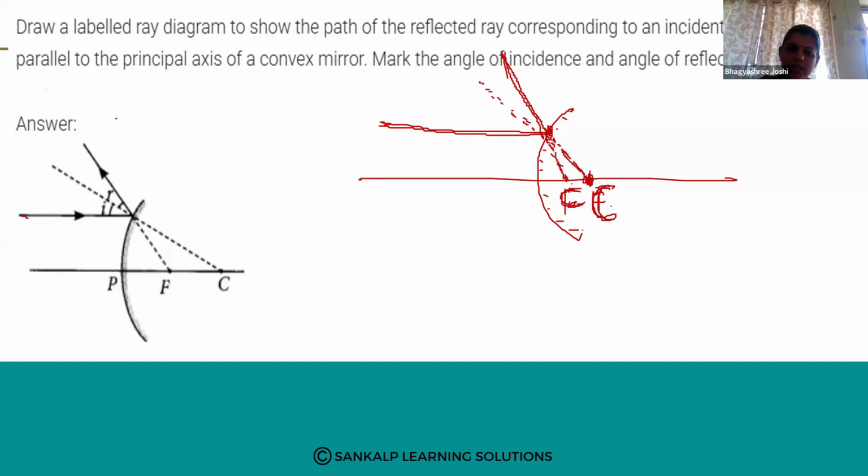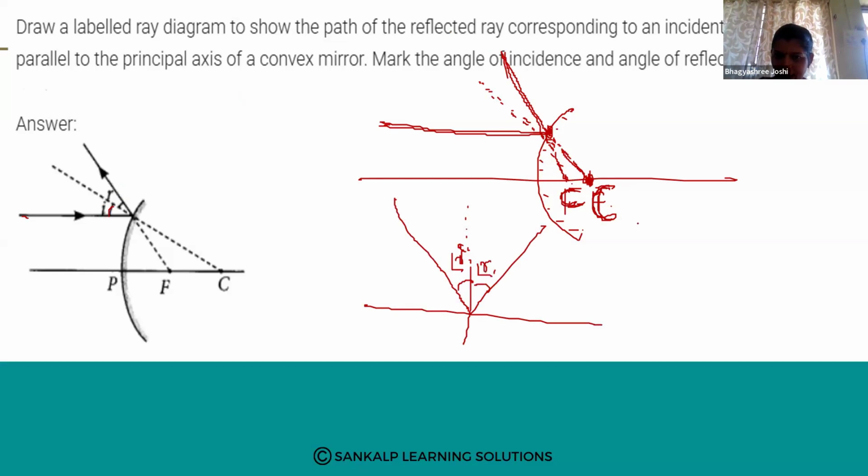Okay, now see here, this is the angle of incidence. Why you are drawing normal? So when, see, this is a smooth surface and light is, this is incident ray and this is reflected ray. When you draw a normal, clearly you can see incident angle, angle of incidence, that is I, and angle of reflection, angle R. And angle of incidence is equal to angle of reflection, that is I is equal to R. These two are equal.